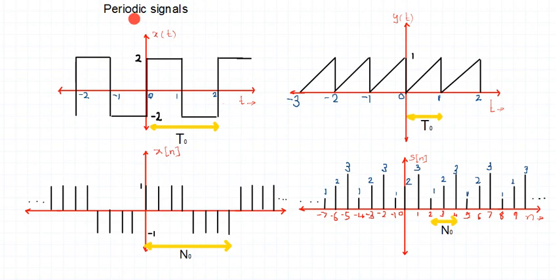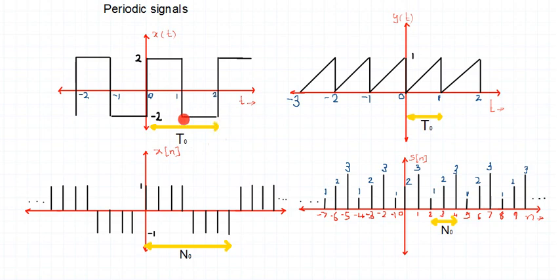So if there is a certain amount of repetition, let us identify after how much time these signals are repeating. If I look at the first signal, it repeats after T0 amount of time. So I identify this as the period T0 after which the signal repeats.